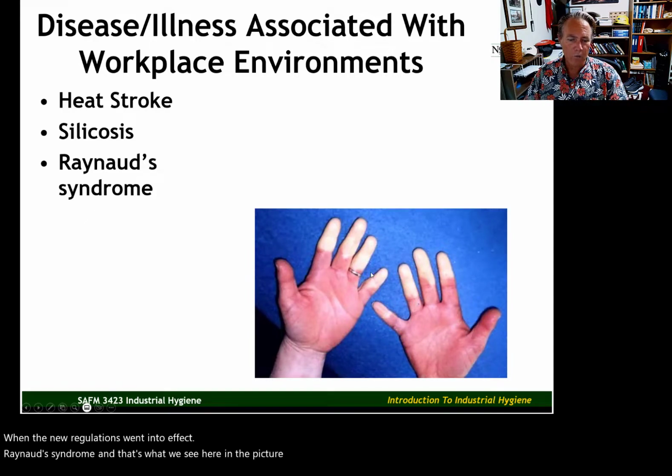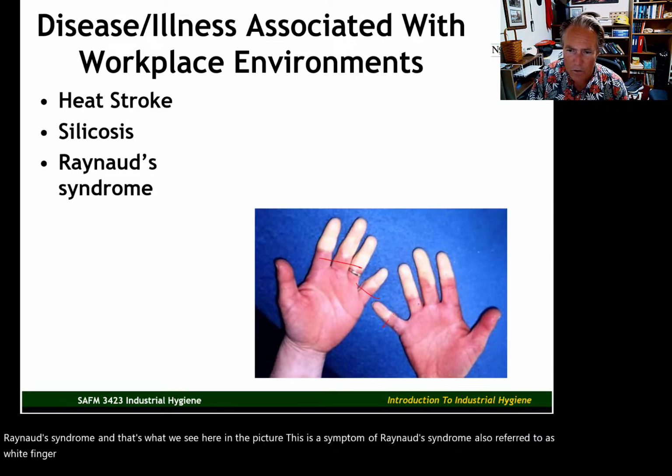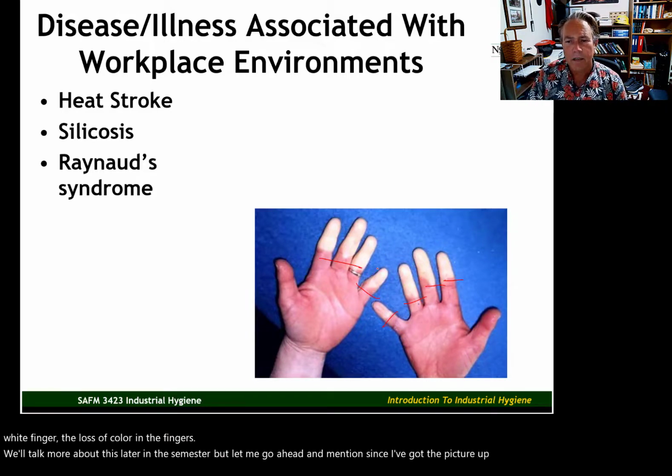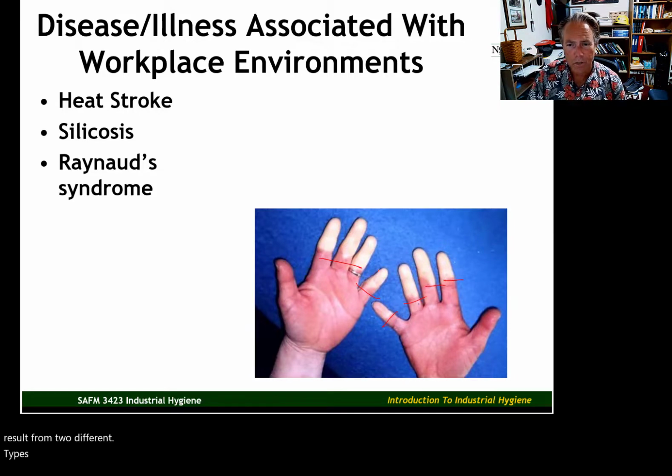Raynaud's syndrome. And that's what we see here in the picture. This is a symptom of Raynaud's syndrome, also referred to as white finger, the loss of color in the fingers. We'll talk more about this later in the semester, but let me go ahead and mention, since I've got the picture up here, this can result from two different types of exposure.